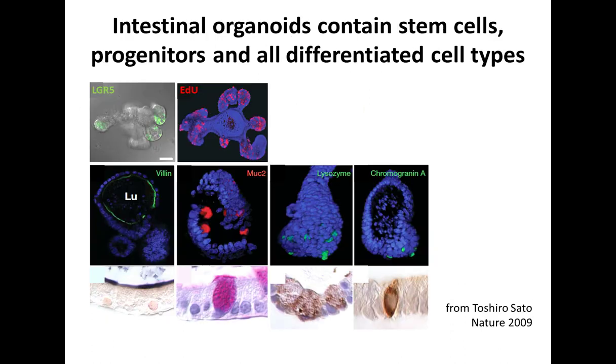So when he examined the structure more carefully, he found that although it was initiated from single LGR5 positive stem cells, we could find that LGR5 positive cells are located in every budding structure of the organoid.